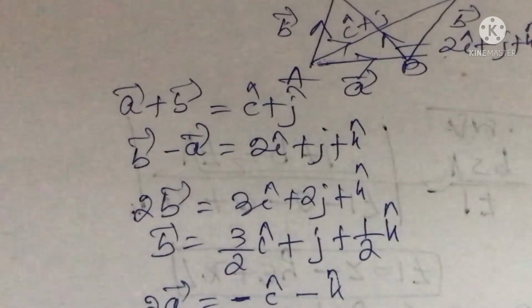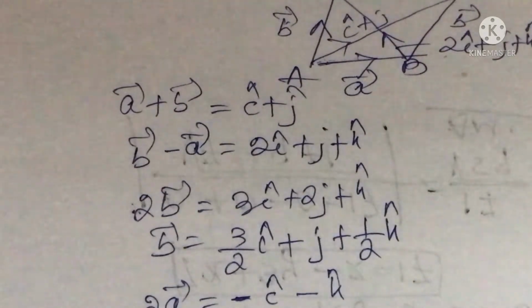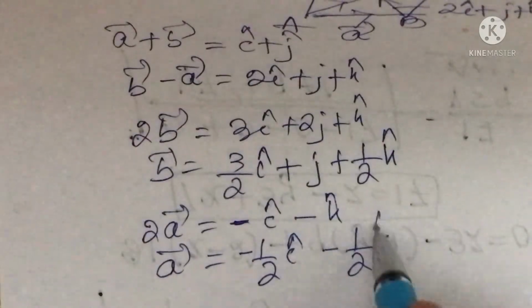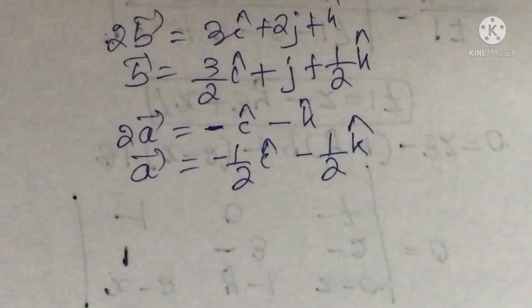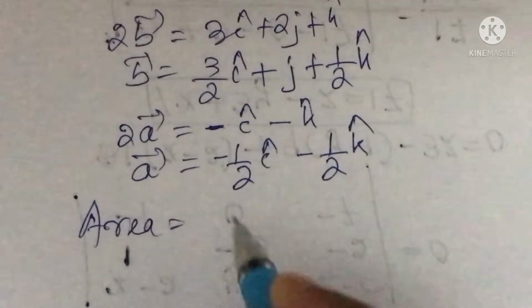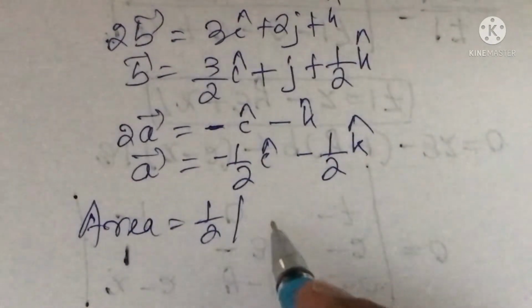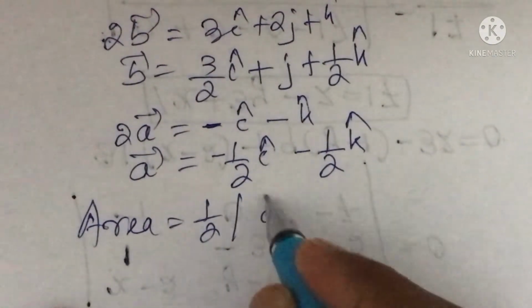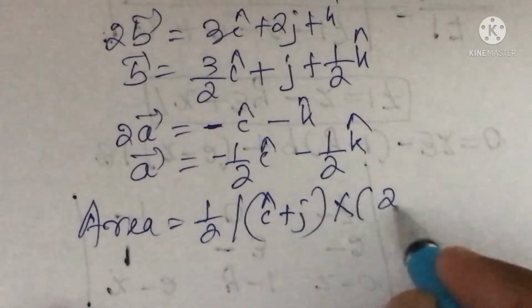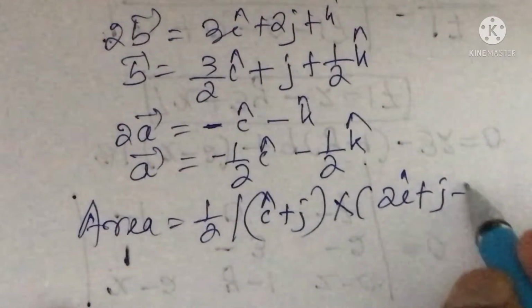Then a vector is equal to -1/2 i - 1/2 k. To find out the area of the parallelogram, we know that area of the parallelogram is equal to half into cross product of their magnitude. This is (i + j) cross (2i + j + k).